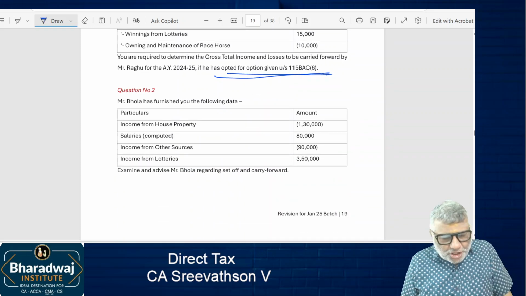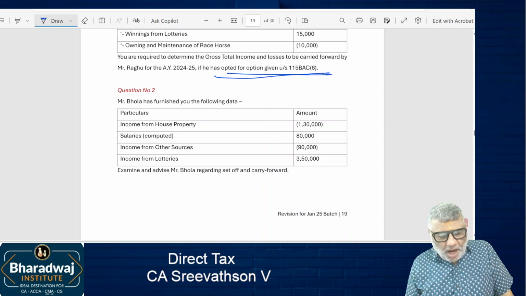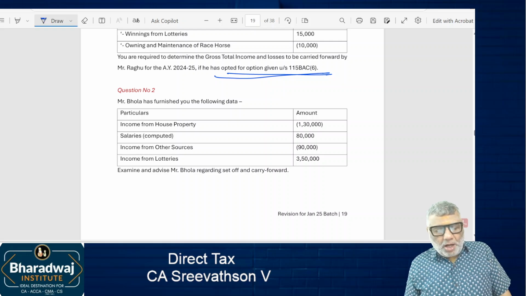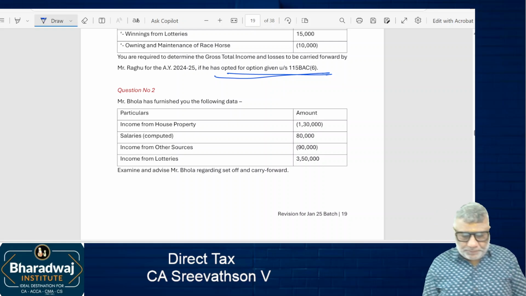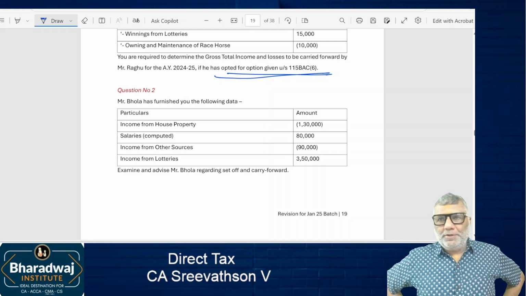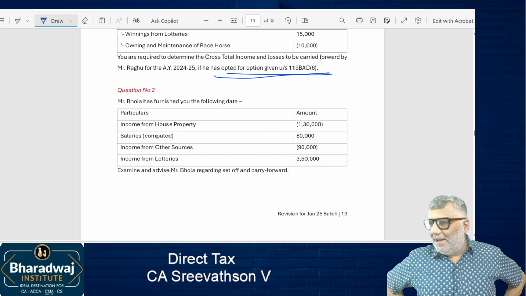Mr. Bola furnished you the following: house property, salaries, IFOS, and income from lotteries. Examine and advise Bola regarding this. I told you yesterday also this particular point, that even though I can adjust the house property loss against the lotteries, when it comes to taxation, lotteries is fully taxable.